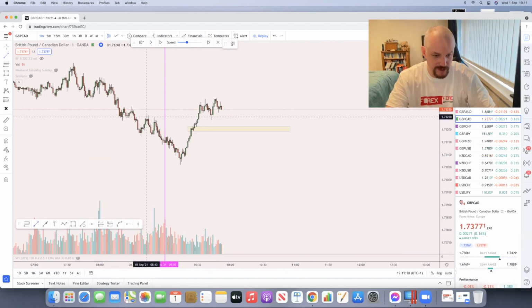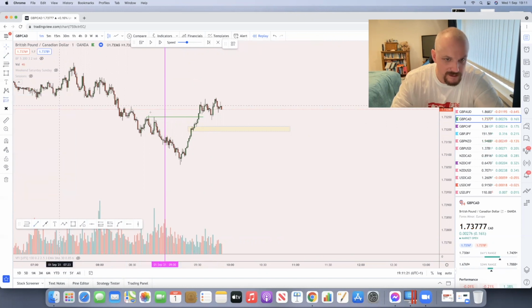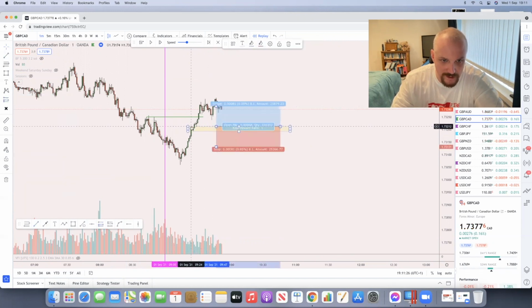So this is where liquidity was residing. Okay. So what we've had is the break of structure here, so we will be setting a long position based upon that wick there.